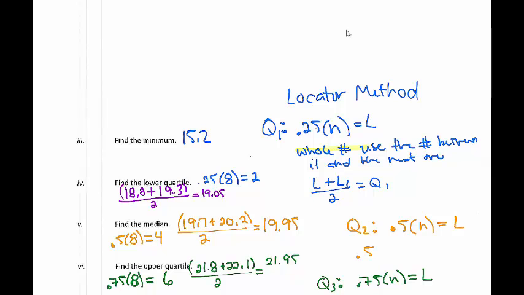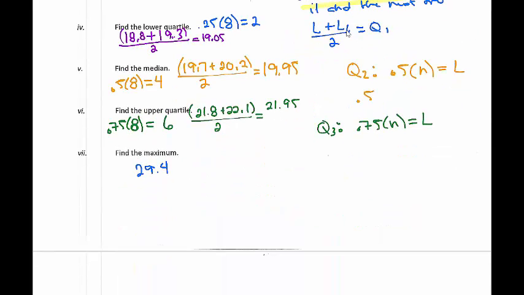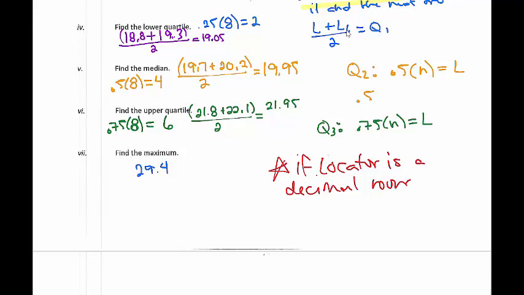See how I said if it's a whole number, use the number between, so we're doing the adding up. If your locator is a decimal, round up and use that number.